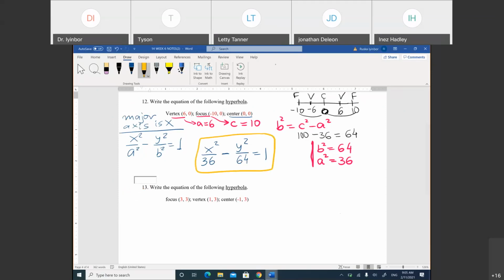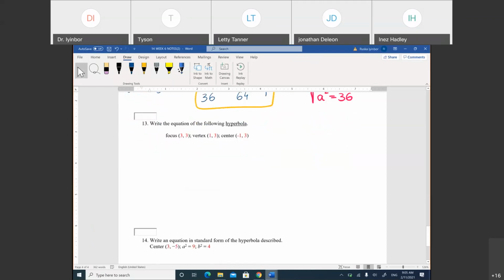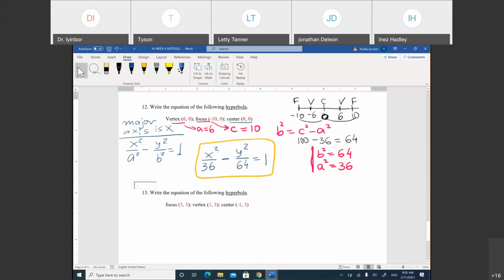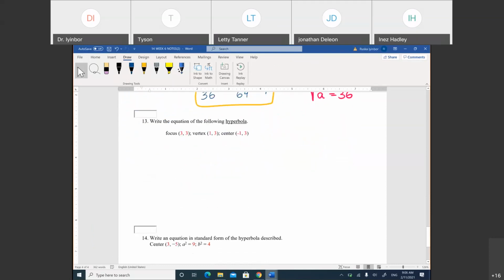Okay, any questions? Everybody good? Okay, let's go ahead and do number 13 the same way. So number 13 is the same way, but here we have a different center. Okay, so the same idea, but a little different. So we have center, it's not 0, 0, it's H and K. So that's what you have here.